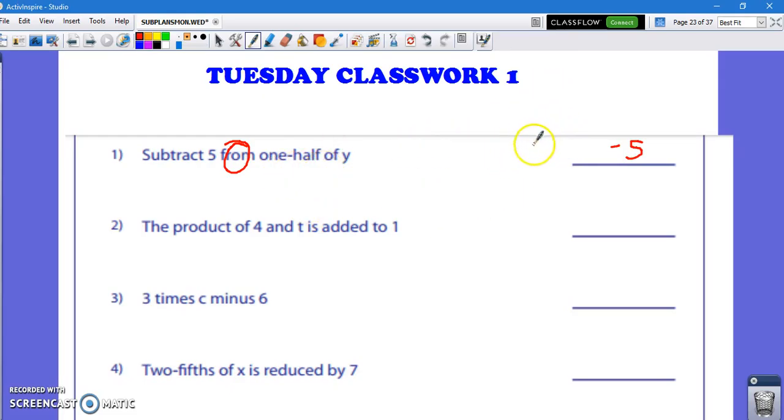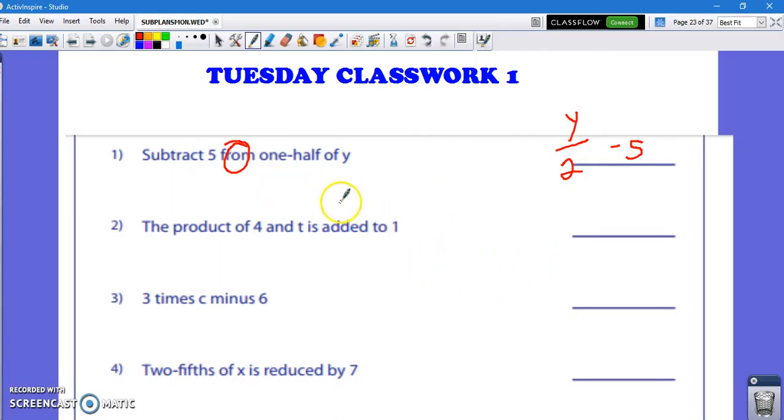You might be tempted to do this, but for this problem, 1/2 of y is already a fraction. So you have y, and then you cut it in half. There you go. Subtract 5 from 1/2 of y.